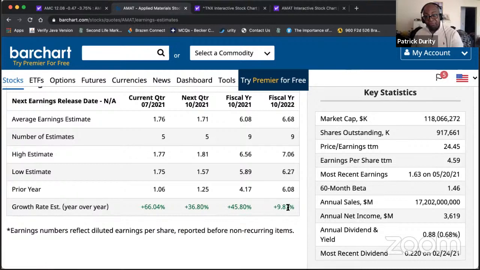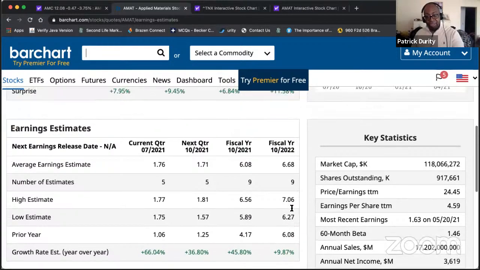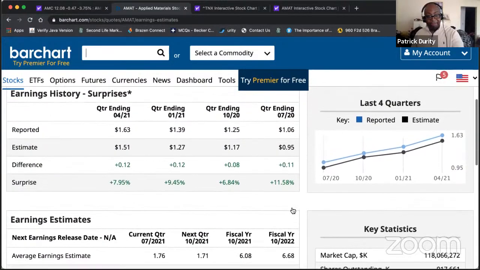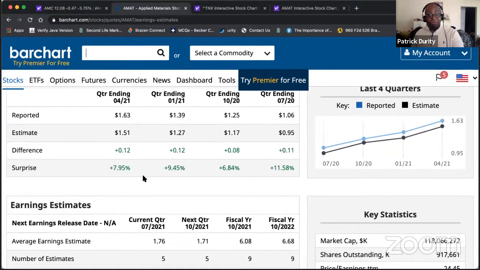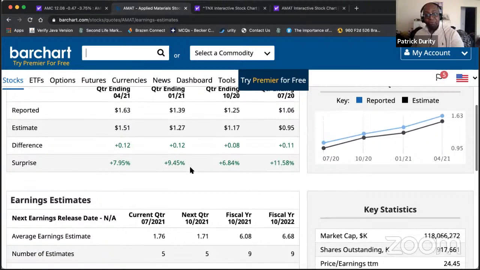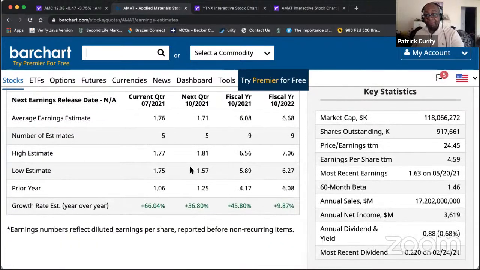For the fiscal year it's 45.80, and for fiscal year 2022 it's 9.87%. And the earnings surprises have always been really strong. When they report, they report above earnings, and it's just been a really good performer fundamentally.